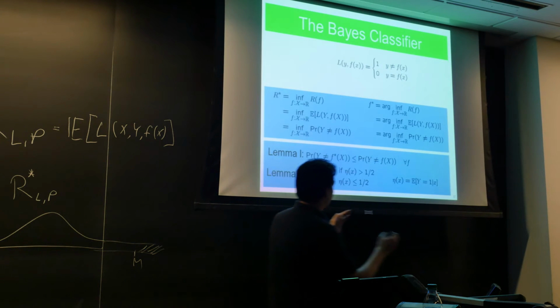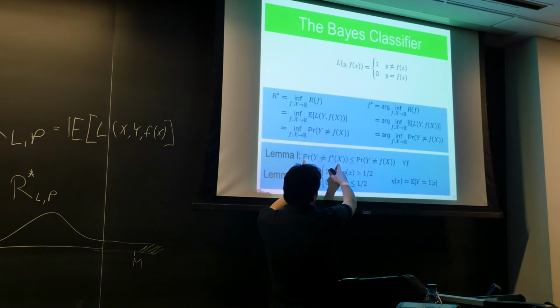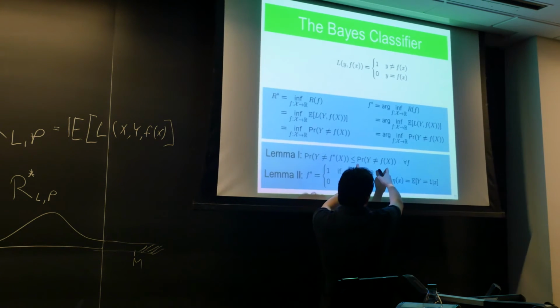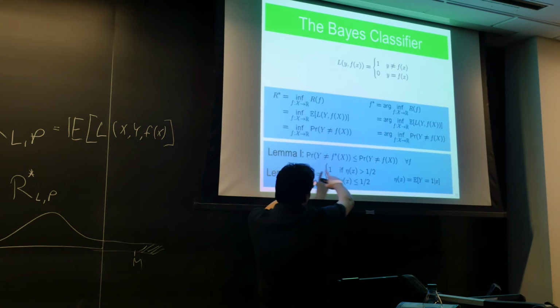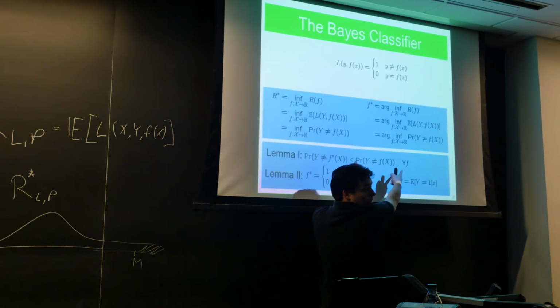For any function f, the Bayes risk is smaller than the risk of that function f. This is trivial because it is just the minimum over all possible functions.